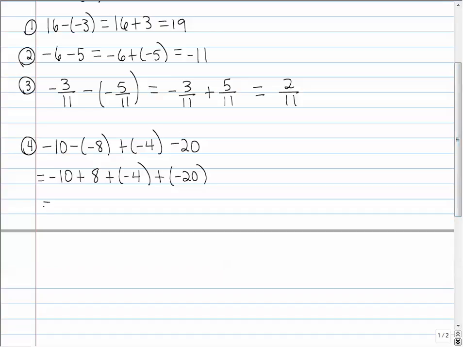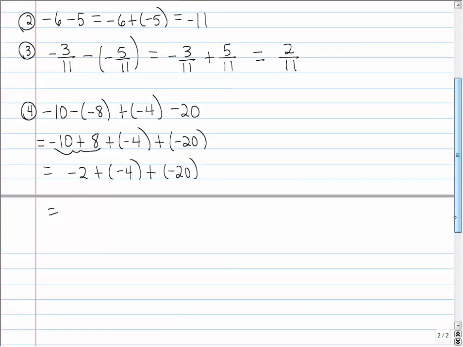Now we're going to go by our rules, and we can just work it from left to right. If we put the negative 10 plus 8 together first, that would give us negative 2. You subtract because the signs are different, and 10 is a larger number, so it's negative. So negative 2 plus negative 4 plus negative 20. Now we'll add the negative 2 and negative 4 together.